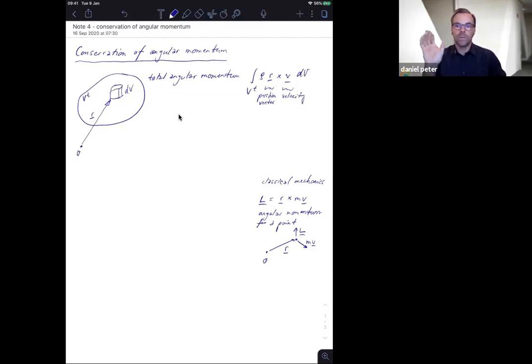And what's now the torque that we can apply to that body? The torque we separate again into a volume and surface component. So there can be a volume torque, which is the torque induced by the body forces f.